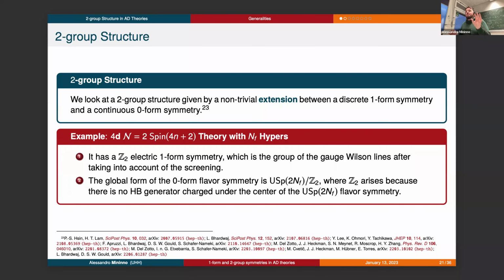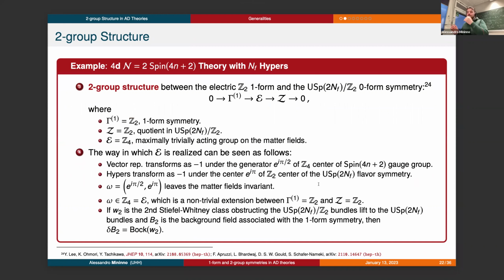So now we have the one-form symmetry, which is Z2, and the zero-form flavor symmetry, which is USp(2NF)/Z2. To compute the two-group structure, we need to look at a very specific short exact sequence, relating the one-form symmetry, the center of the quotient in the USp(2NF)/Z2, and then you complete it with this factor here, which is the maximal trivially acting group on the matter fields.